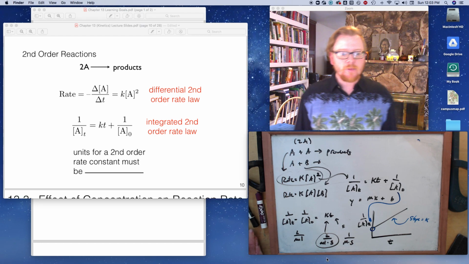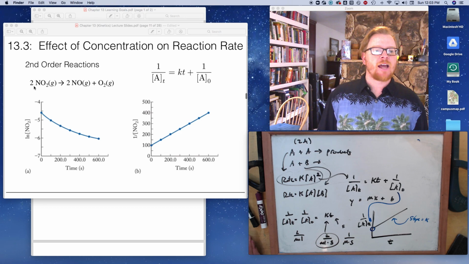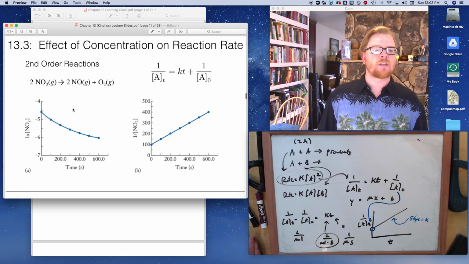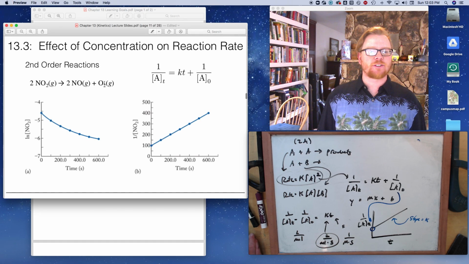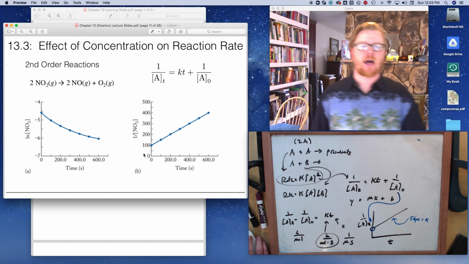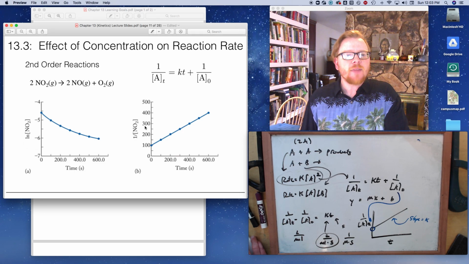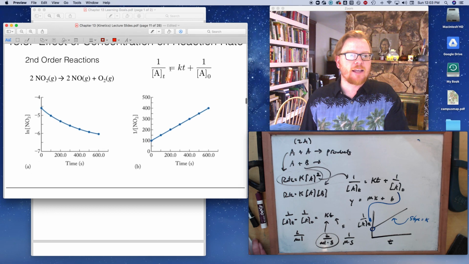An example of this: if we look at this reaction, 2 NO2 makes 2 NO plus O2, people took the time versus concentration data and plotted it in two different ways. One by saying natural log of concentration versus time, and another by saying 1 over concentration versus time. Let's see if I can edit this document as we go.